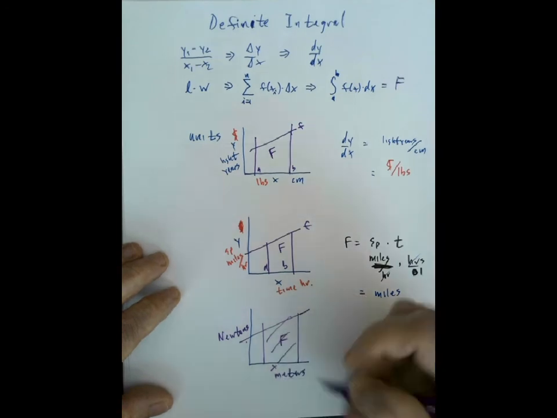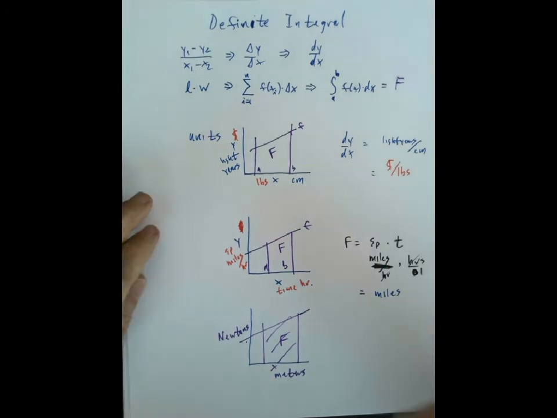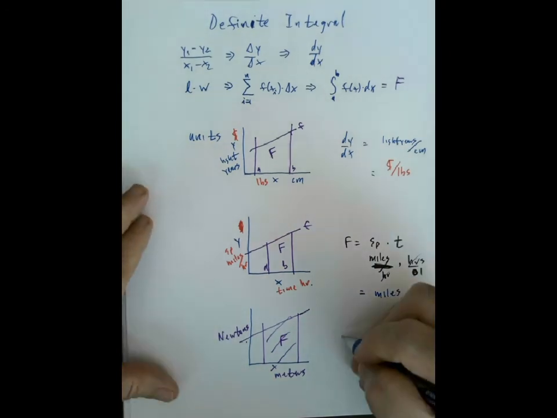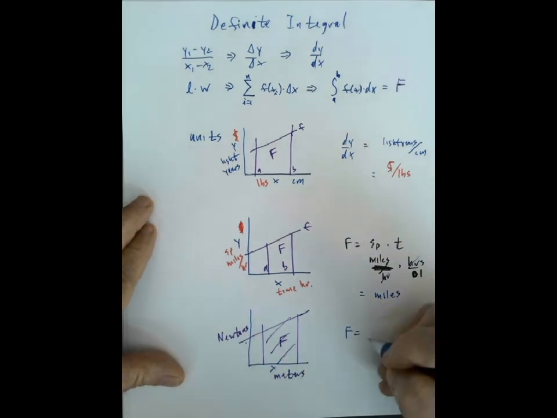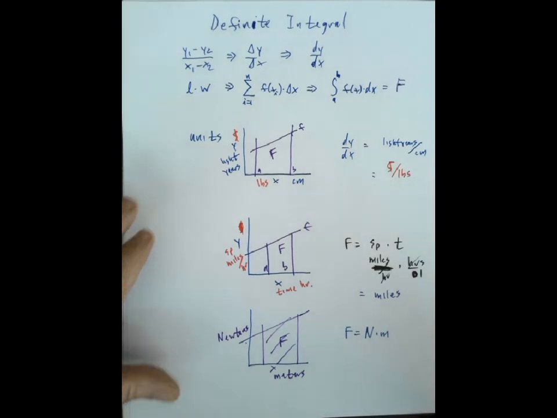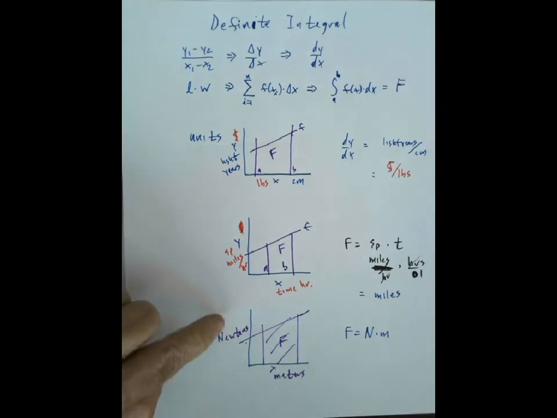The area under that curve F would be the y units, newtons, times the x units, meters, right? So the units of the area under that curve, in physics, you call them newton meters, okay? Which is just the area under the curve, which is the measurement we get when we multiply force times distance, right? That's why the units for force times distance work out to be newton meters. Okay, anyway, so that's how that goes.